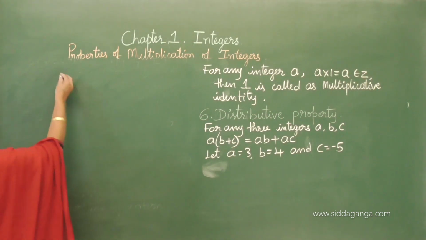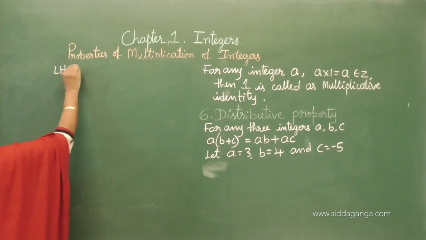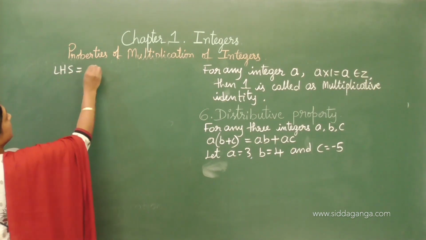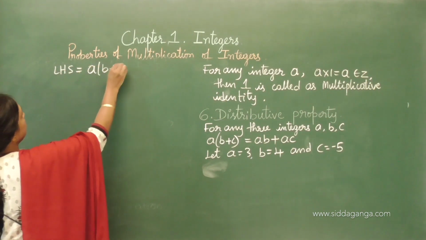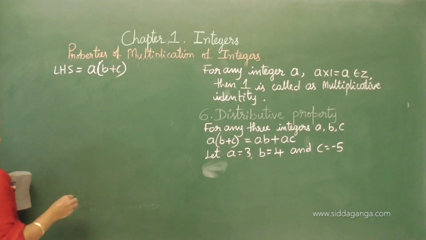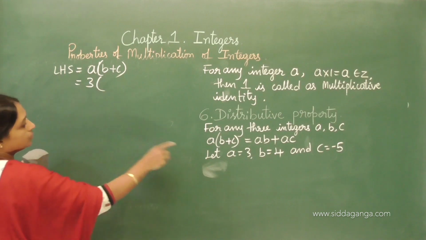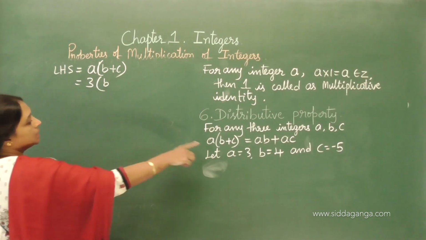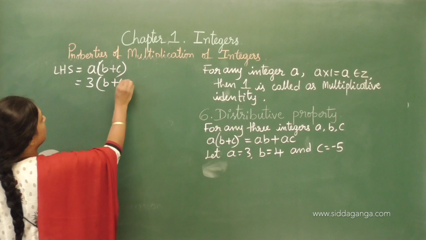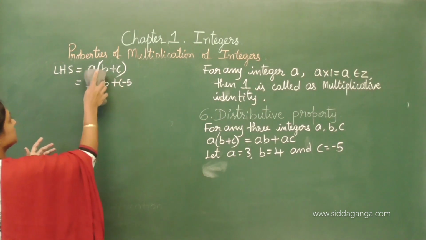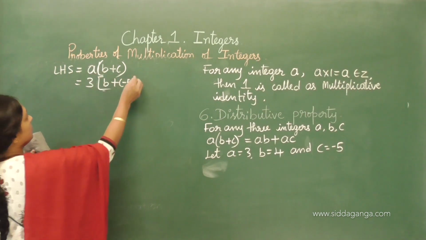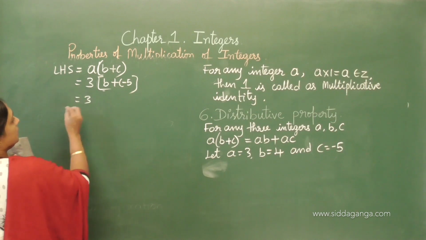LHS is equal to a into (b plus c). What is a? That is 3 into (4 plus of -5).